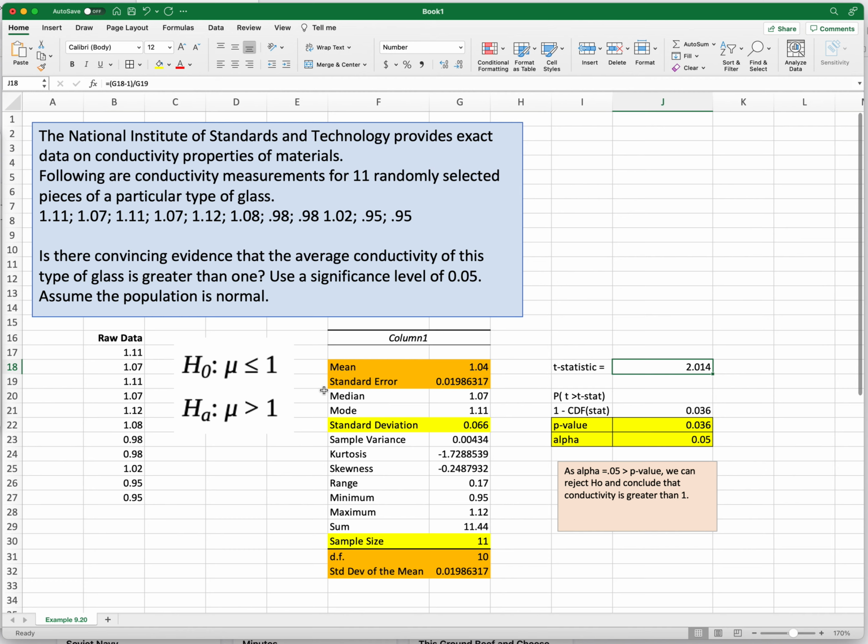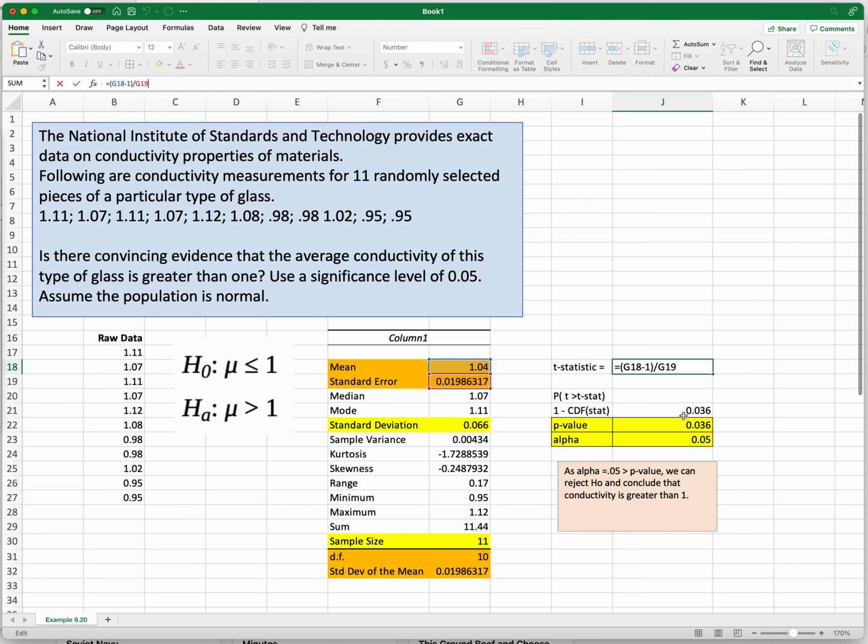So it means you have to subtract it from this expected mean, which is equal to 1 in this case, or whatever. So you've got to establish your hypothesis, do your data analysis, and pick off the numbers that you need. You need the mean, you need the standard error, which is the standard deviation of the t-distribution of the mean, and the degrees of freedom, which is 1 less than the sample size. If you look at here, it's the mean minus 1 in this case, which is this number, parentheses, divided by the standard error, and that gives you your t-statistic.